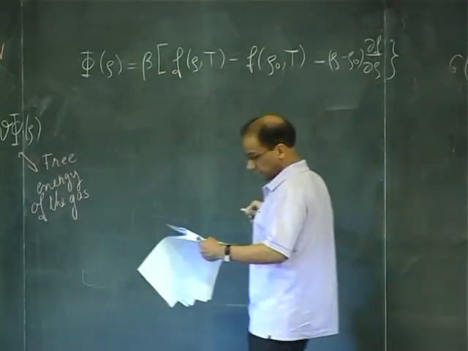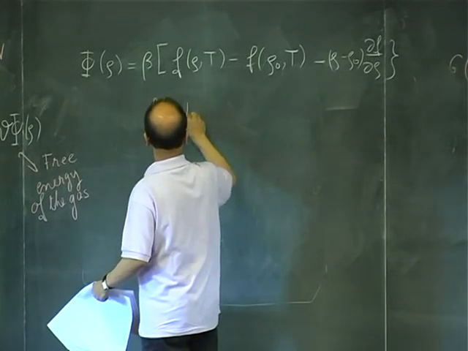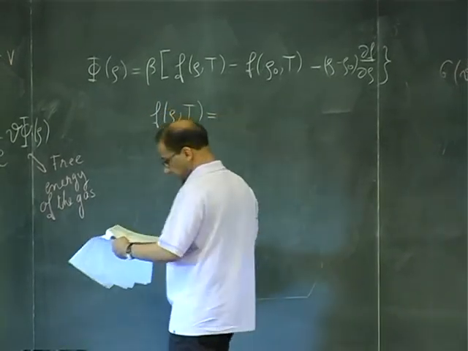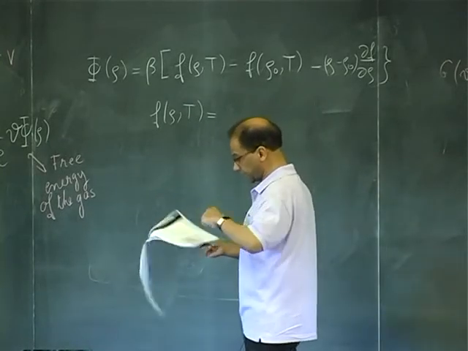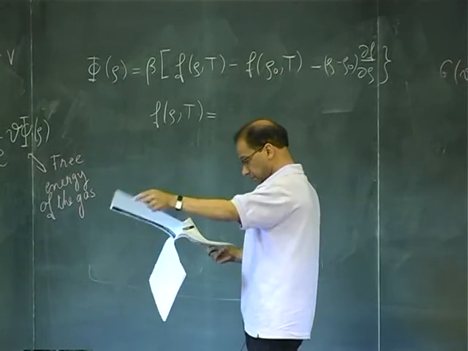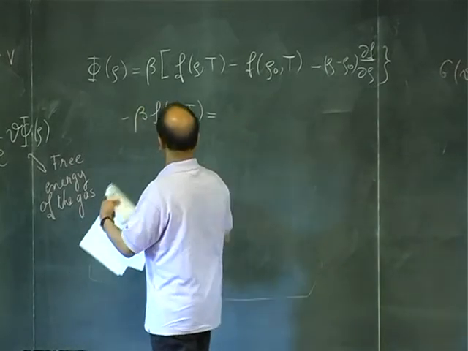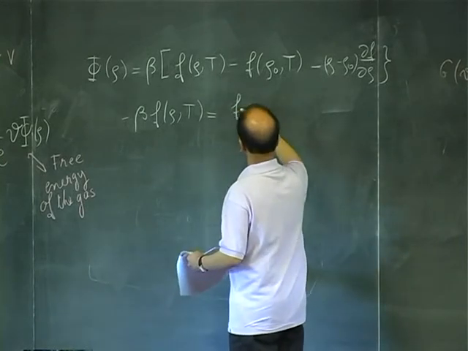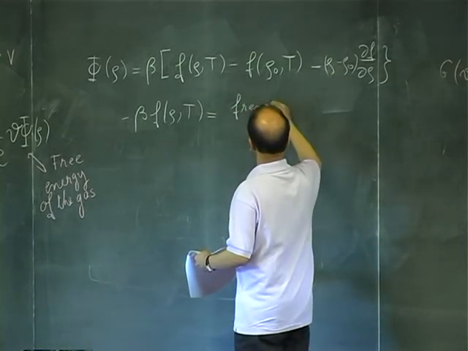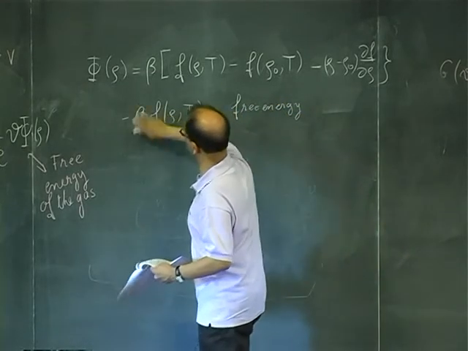What is F? F is, I think there's a kT probably. So I put a kT. So beta F is minus beta F is the free energy per unit volume. No, not beta, this is non-dimensional.